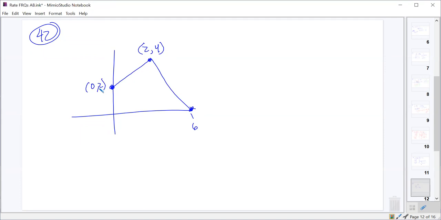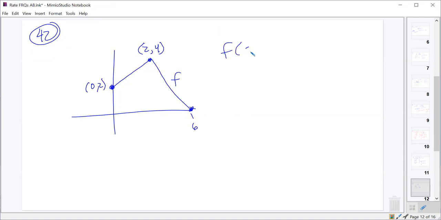And so 42 asks us on which of the intervals is there a value of C for which f of C is the average value of f over the interval 0 to 6. And this is the function f. So we want to know, is there a value of C for which f of C is the average value of f?